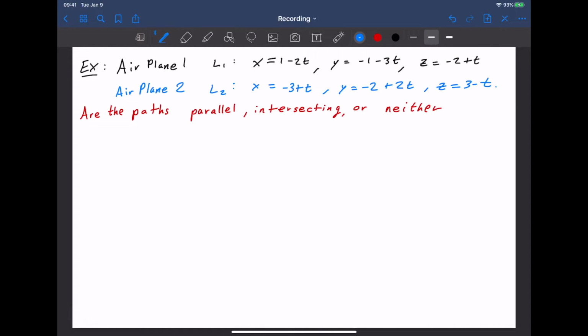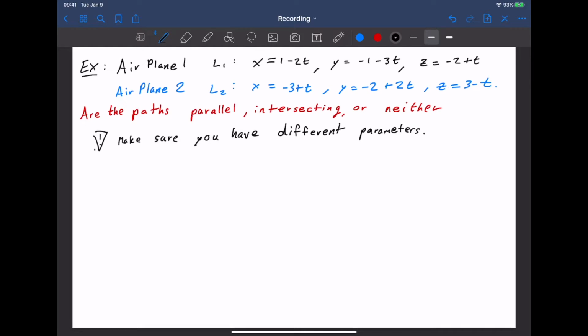Again, from a blank slate. If they're intersecting, the first thing you want to do, very important, make sure you use different parameters.